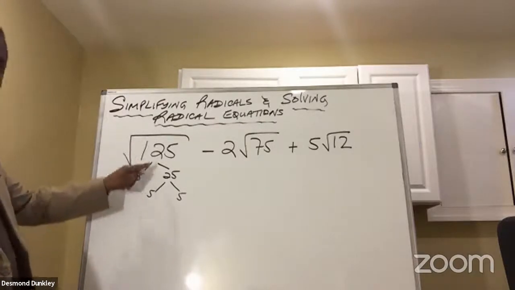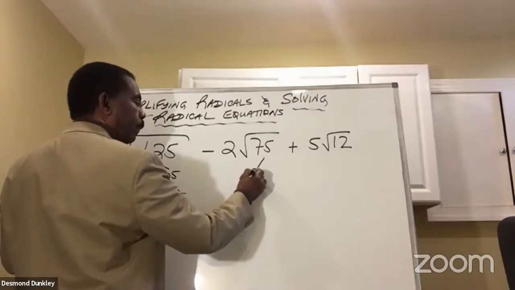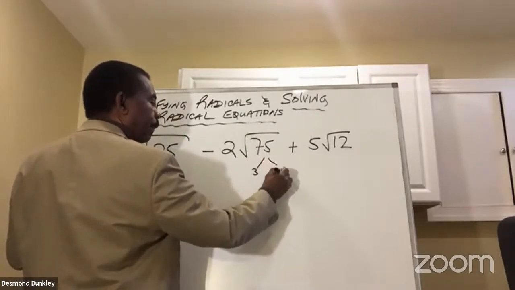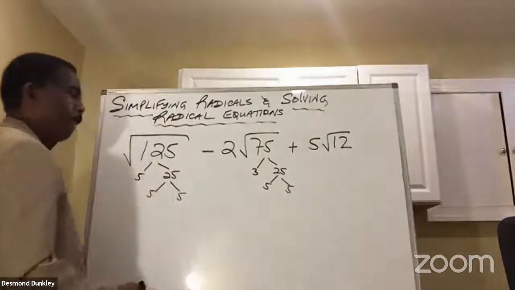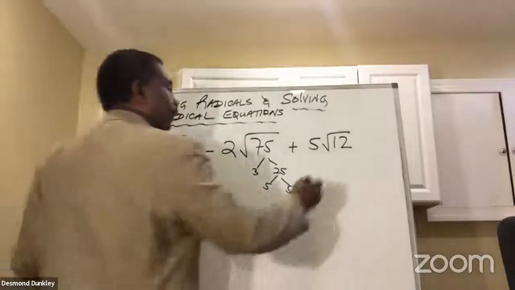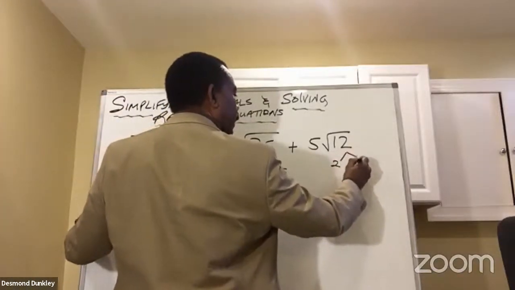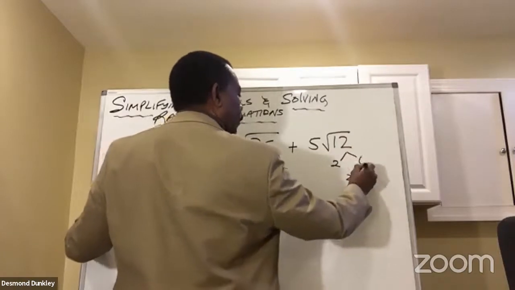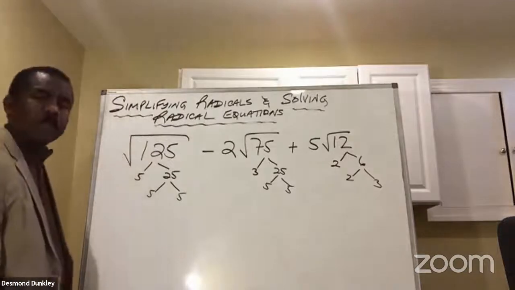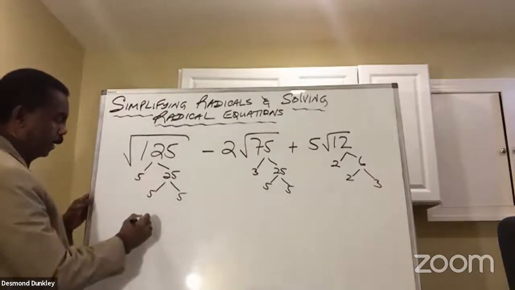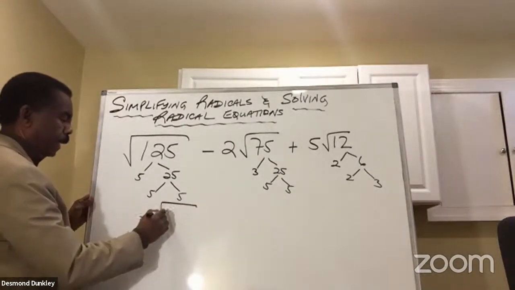So we see something going on right here. What about this? This is 3 times 25, and then 5 times 5. Interesting. And this is 2 times 6, 2 times 3. So what do we end up with? We end up with the square root of 5 squared.